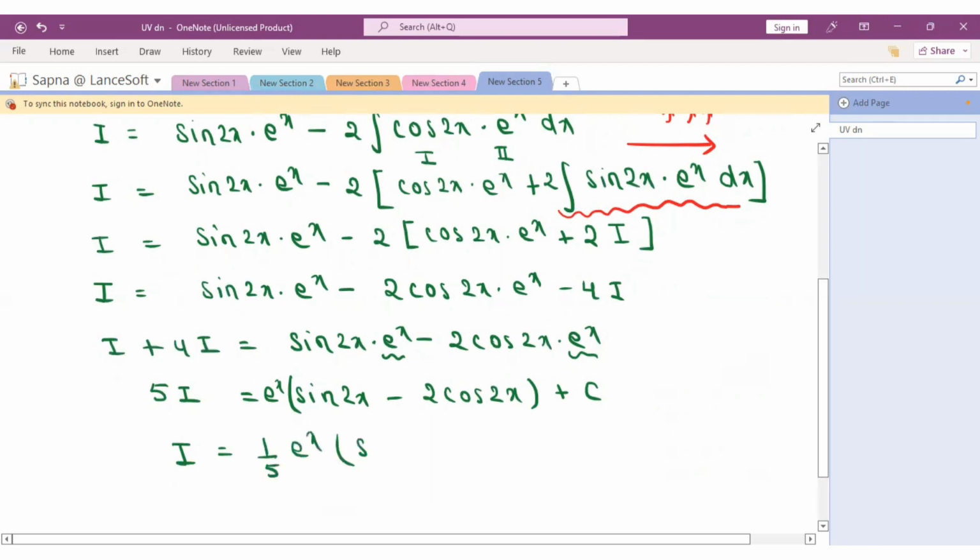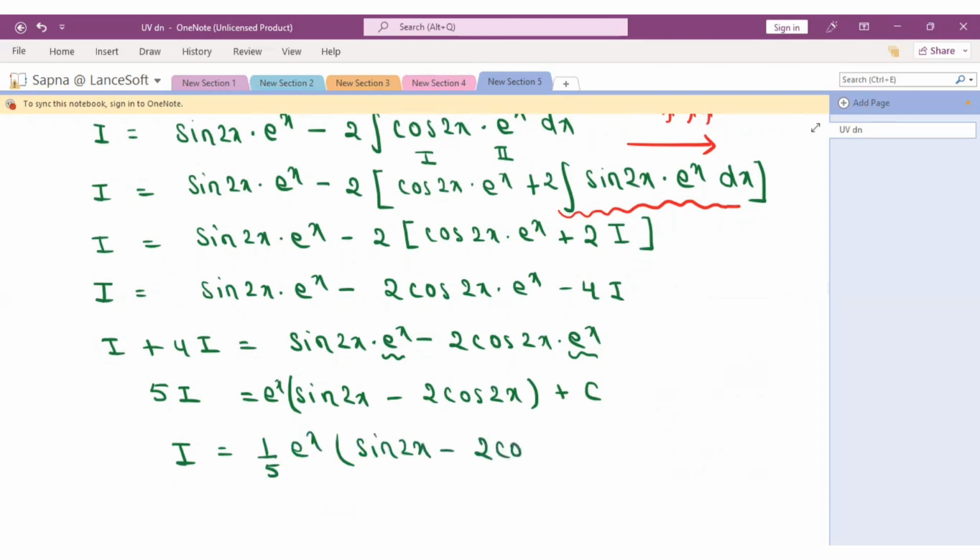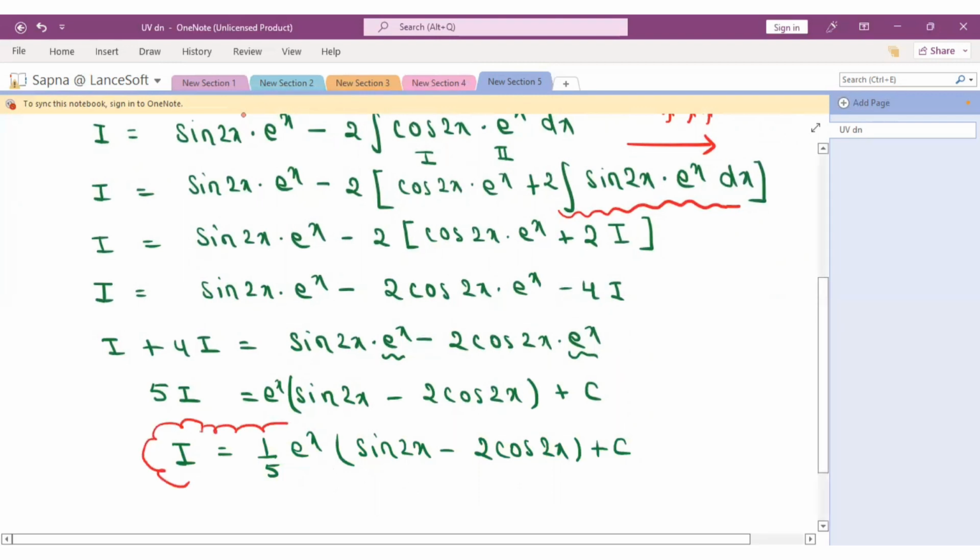So of course you need to use the constant of integration, and then writing the same step by just shifting 5 to the other side, the final answer we are getting is 1 upon 5 multiplied by e raised to x into sine 2x minus twice of cos 2x plus c. And that is the final answer.